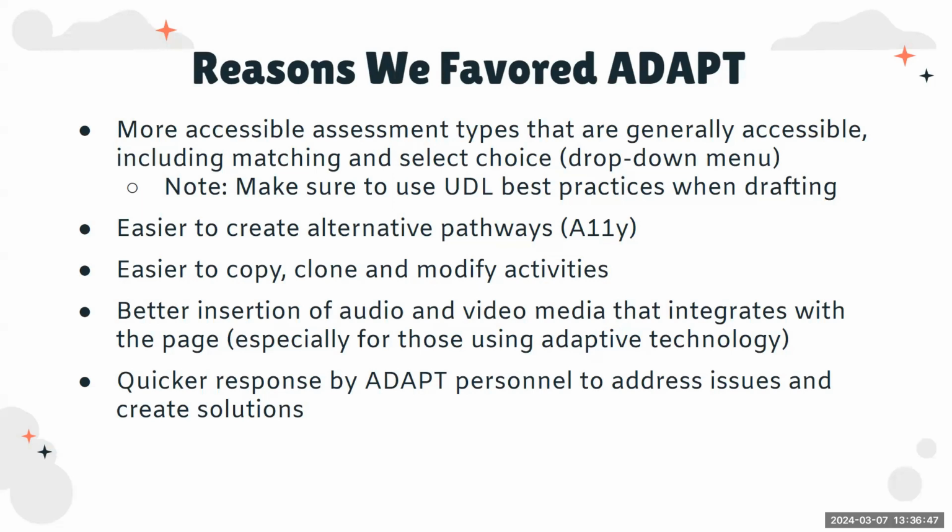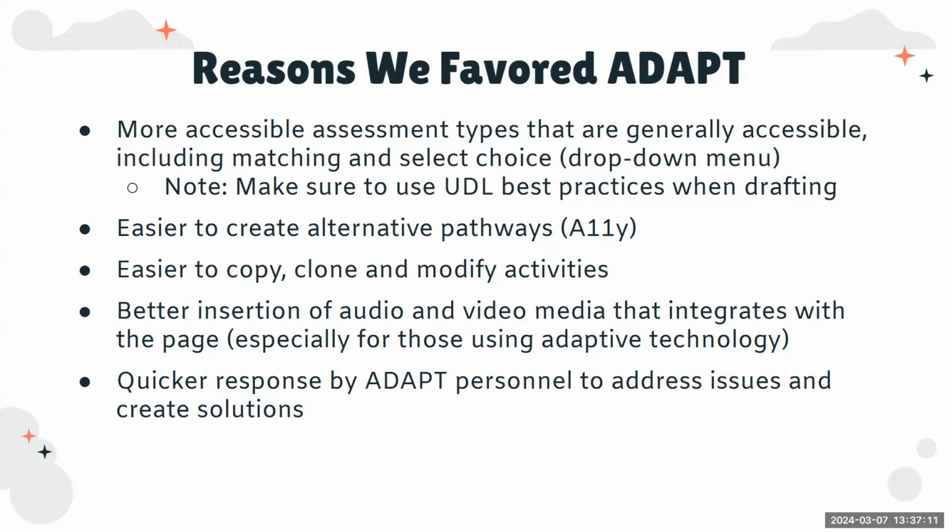It made it so that we had less to think about with respect to accessibility. Again, LibreTexts as an entity, and then specifically with ADAPT, they wanted to make sure that as many, if not all, of their assessment types were accessible as widely as possible.